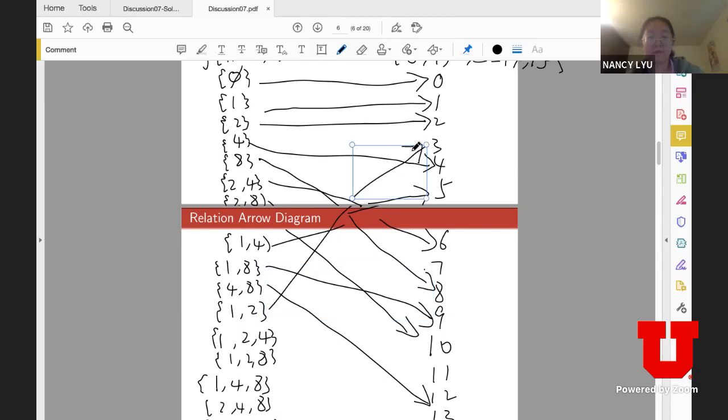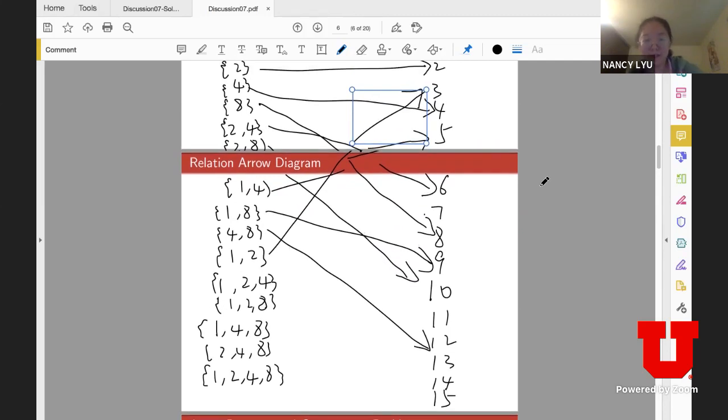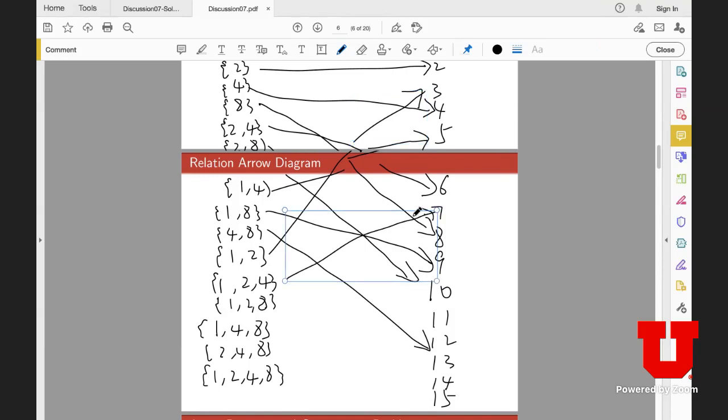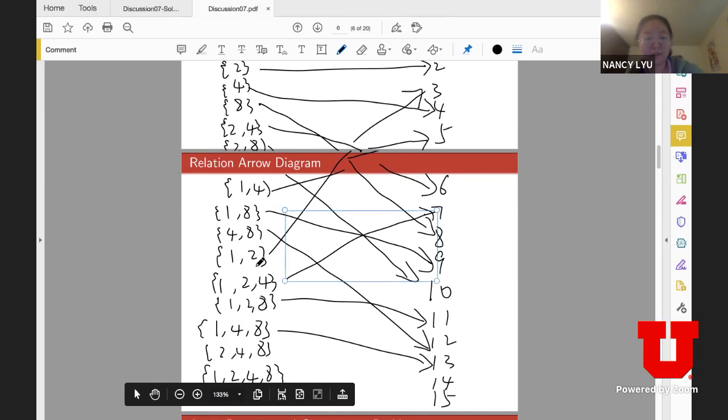Sorry, that looks really bad. And what about {1, 2, 4}? 7. {1, 2, 8}: 11. And {1, 4, 8} goes to 13.